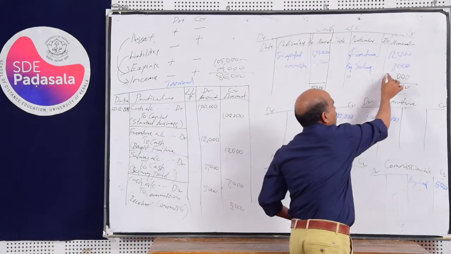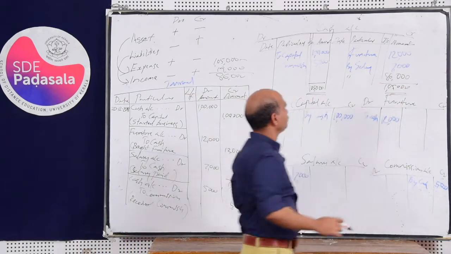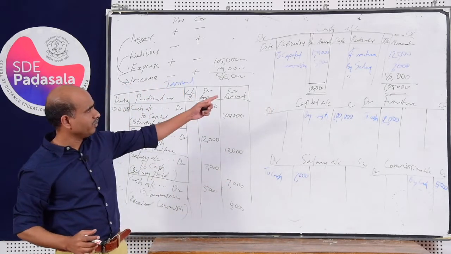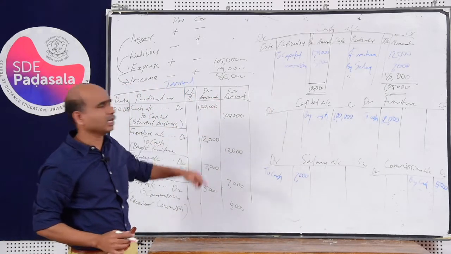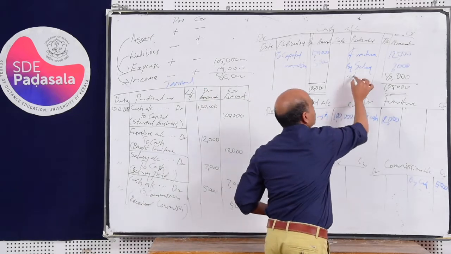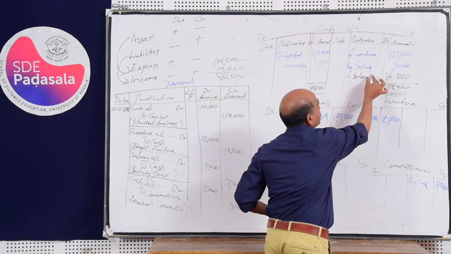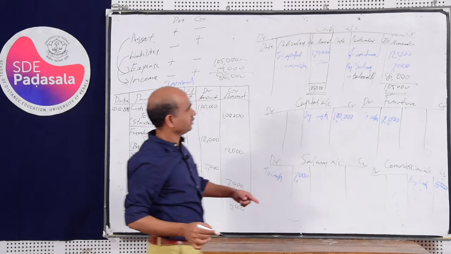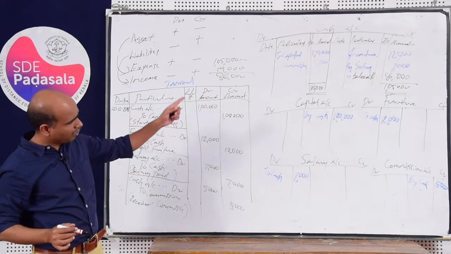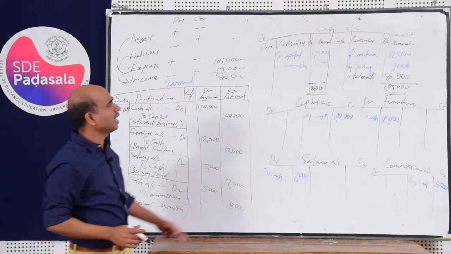So, the 86,000 is the balance. This is the way of balancing a ledger account. This is the balance, balance c/d, carried down. All the ledgers should be balanced like this.